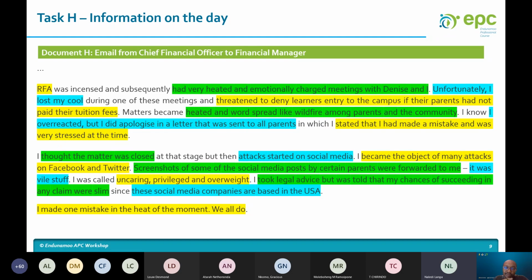And with him threatening to deny learners entry, I prepared, during my research, to speak about one of the SDGs, when it came to education. So how relevant would it be putting it in a response, but without commenting on his behavioral aspect?